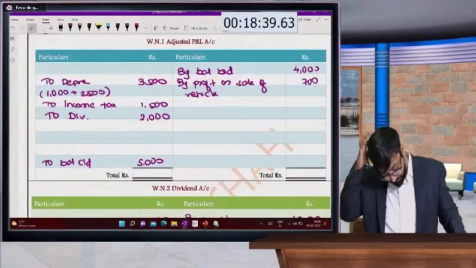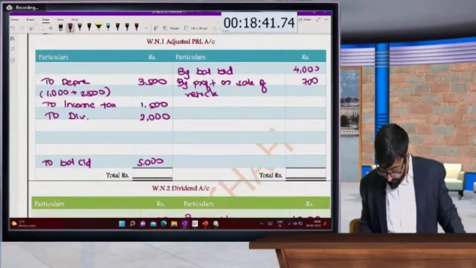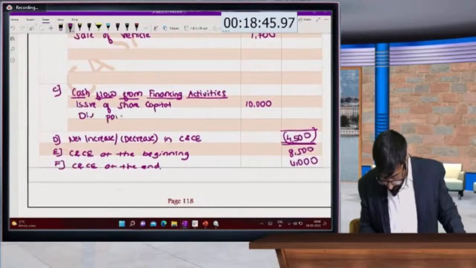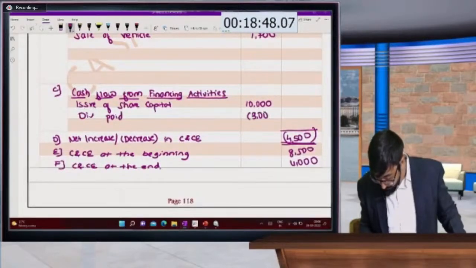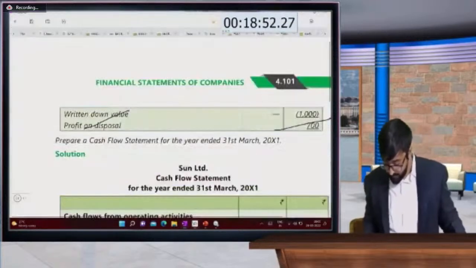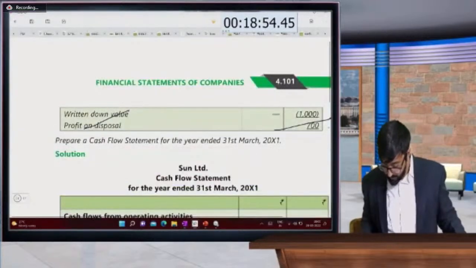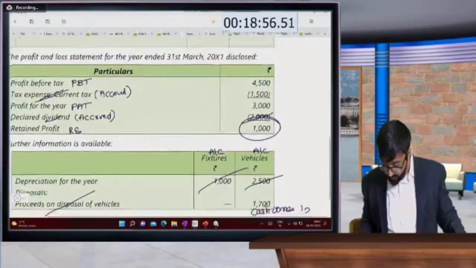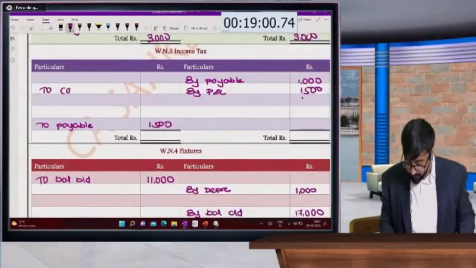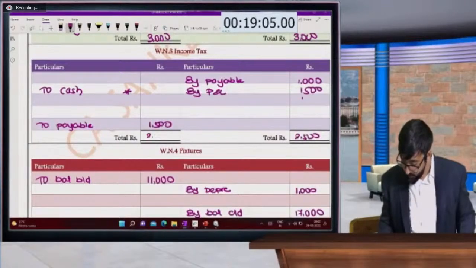Yes, dividend paid in financing activity 3,000. Next one, income tax to cash 1,000.